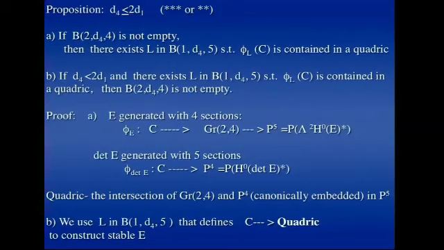So this is the statement. Under these conditions, if we have a bundle in this locus that has 4 sections and degree D4, we can embed our curve as a quadric into a projective space.